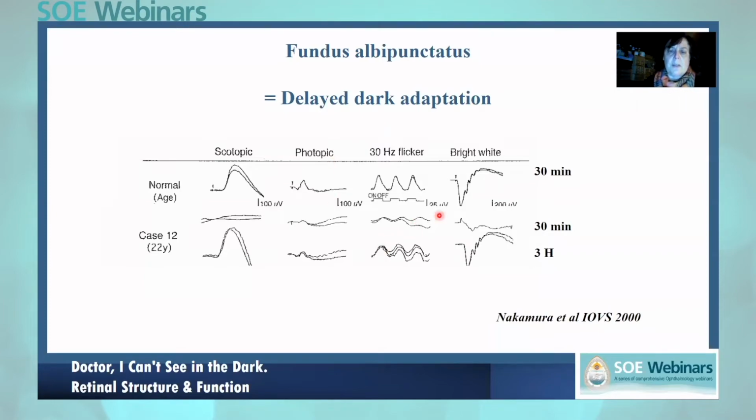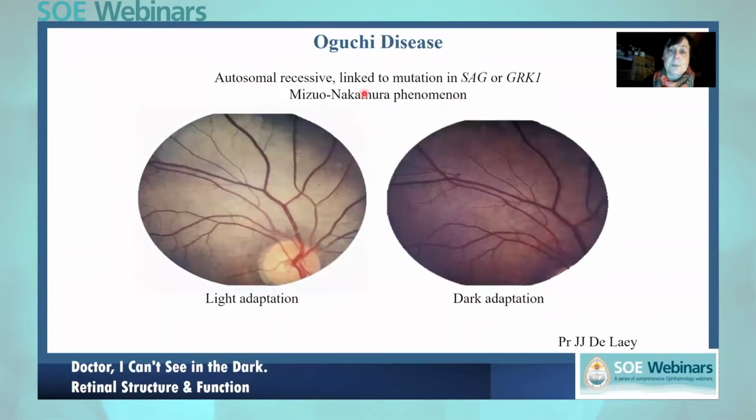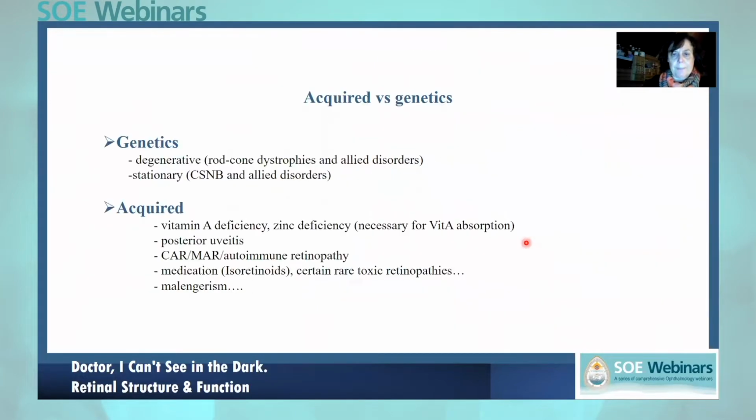In these cases, similarly, cone responses are preserved, whereas rod responses are altered. But if you do a longer dark adaptation, then you may recover normal rod function. The other very rare disease is Oguchi, with this very typical golden fundus, which disappears upon longer dark adaptation.